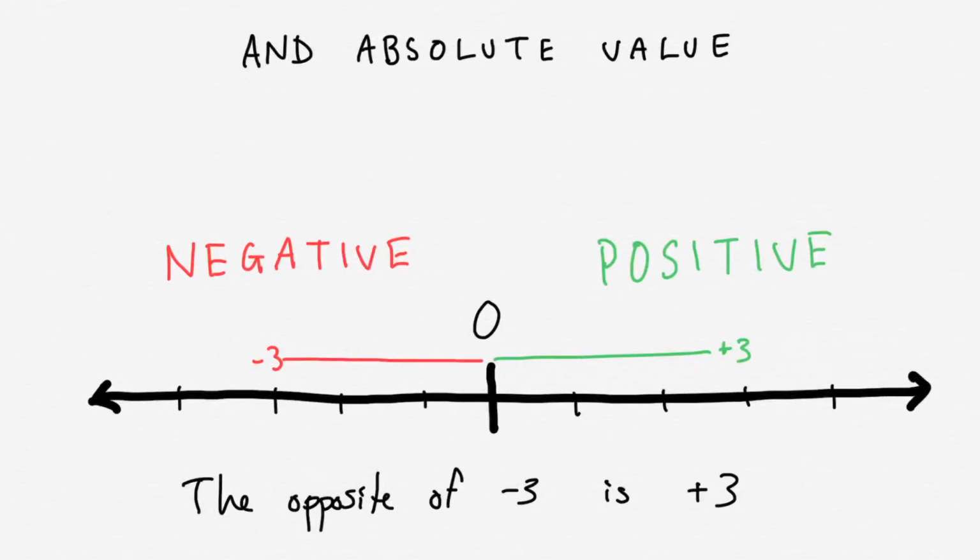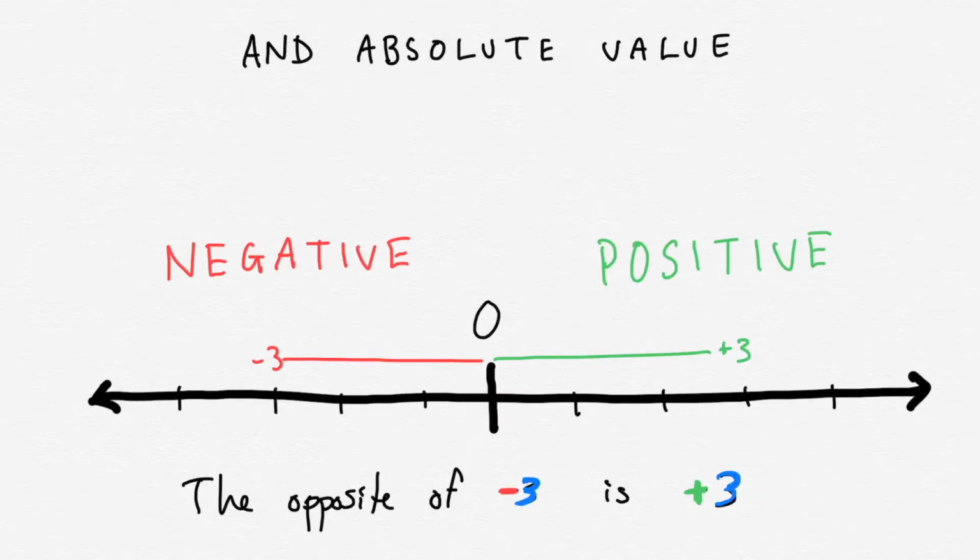A really simple way to think about it is just by looking at what we call the sign of a number. So the opposite of -3 is +3. A significant portion of the number stays the same. The blue part that I'm drawing here, the actual value of the number, that stays the same.